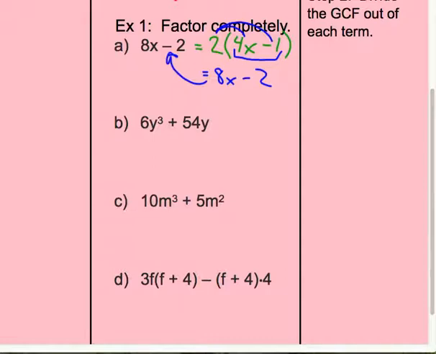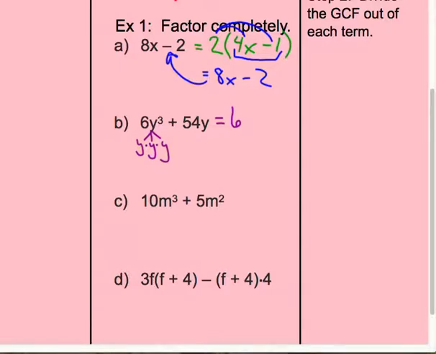All right, let's take a look at a couple more examples. 6y cubed and 54y. So I start by looking at one piece at a time. I'm going to look at my numbers, 6 and 54. Well, the GCF, if we have our multiplication charts memorized, is 6. Y cubed and y. Now, as a reminder, y cubed means y times y times y.